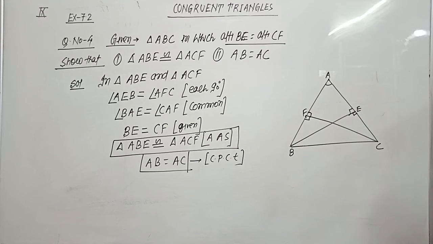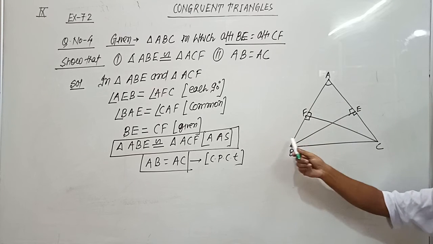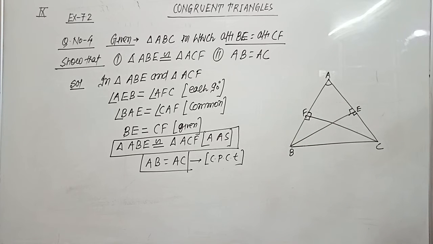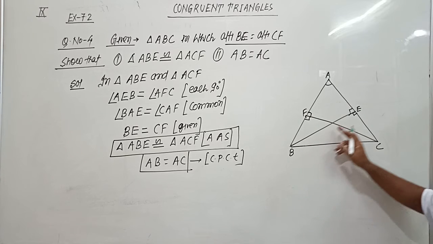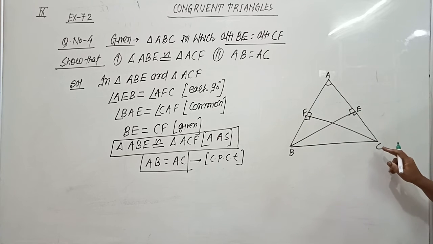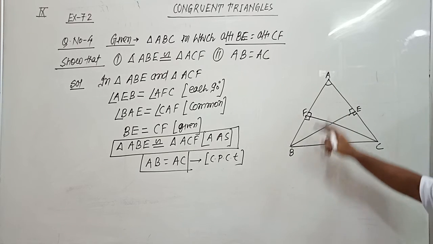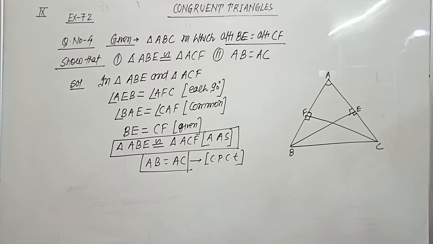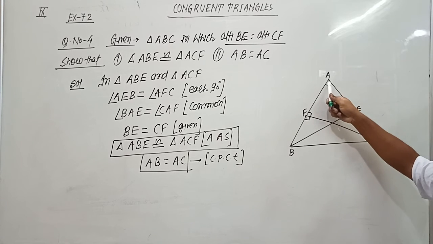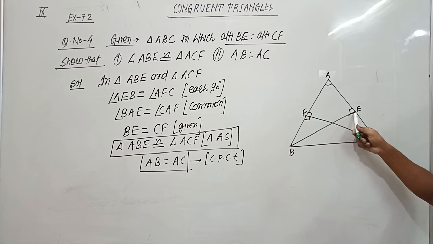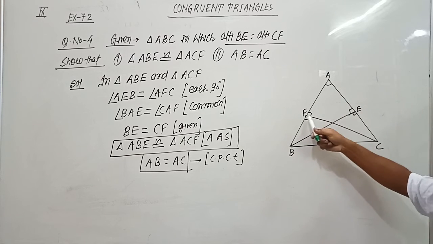So in the question we have been given a triangle ABC in which BE is the altitude on side AC and CF is the altitude on side AB. The first part we have to prove is that triangle ABE is congruent to triangle ACF.